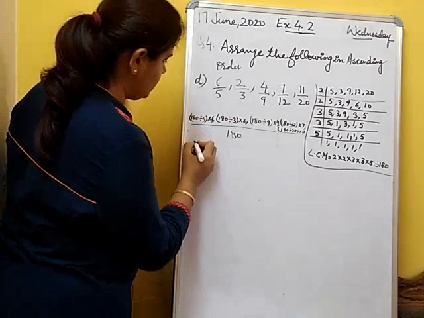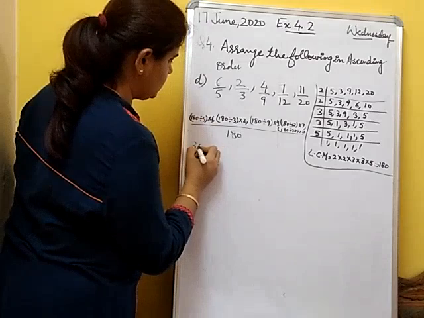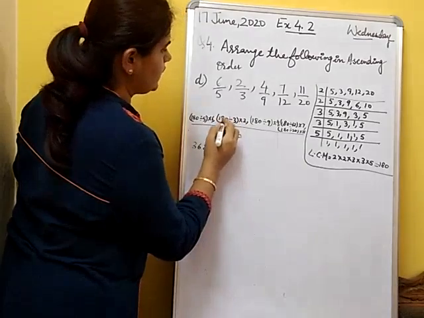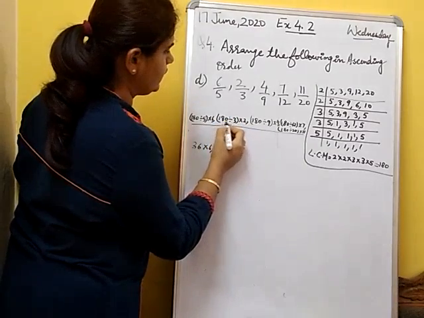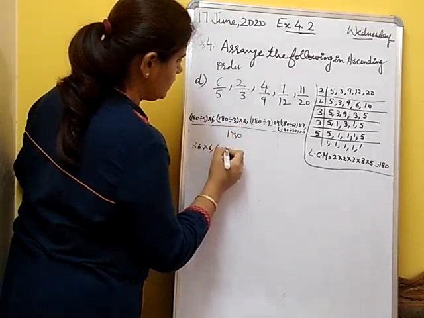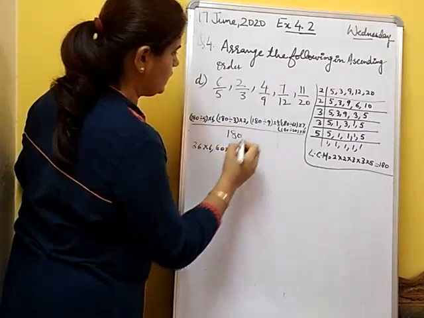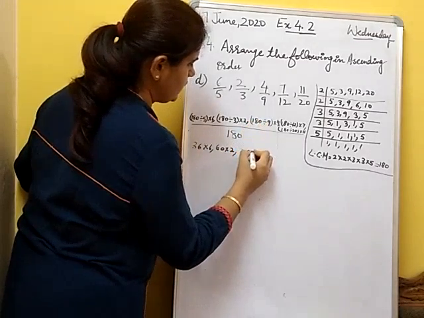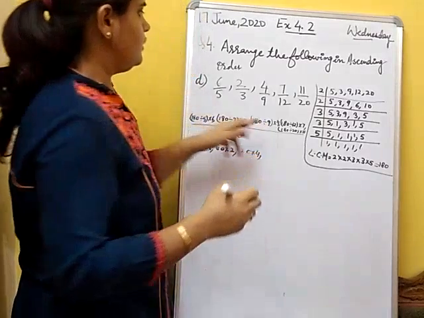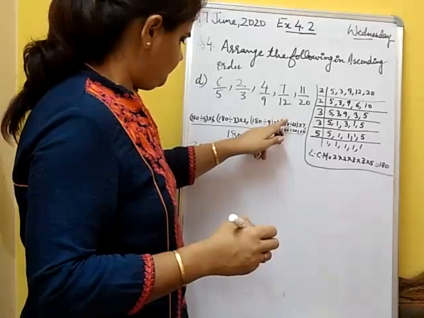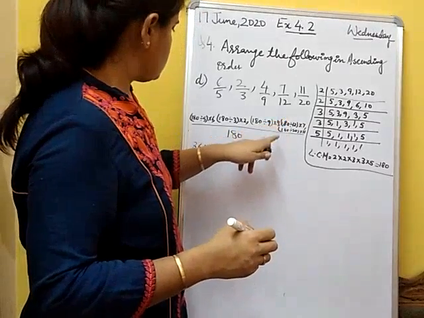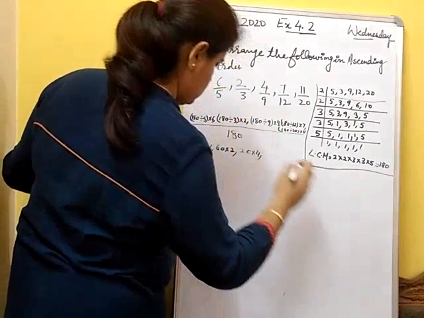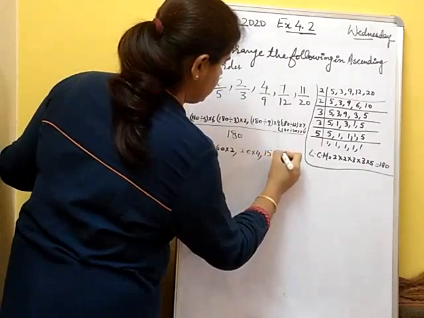Now 180 divided by 5, so I will get 36. 36 multiply 6, comma, 180 divided by 3, we will get 60 multiply 2, comma, 180 divided by 9, we will get 20 multiply 4, comma, 180 divided by 12, you will get 15 multiply 7.